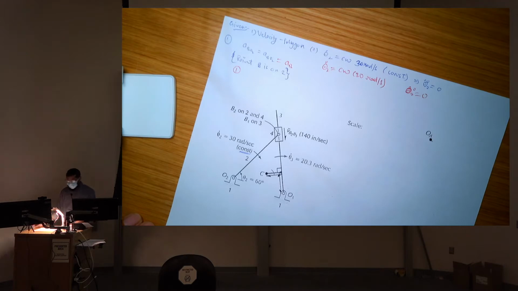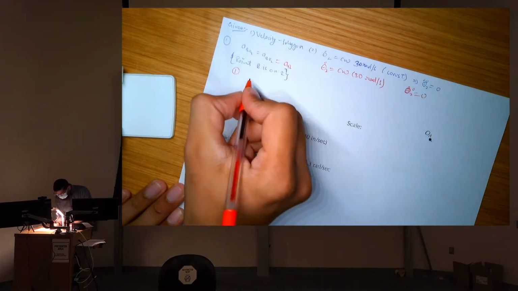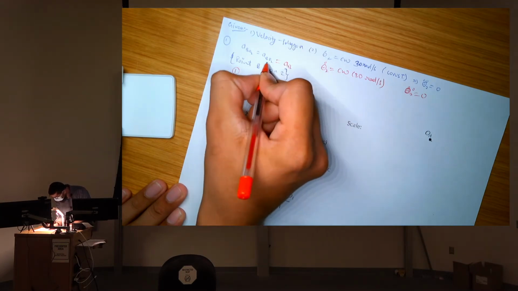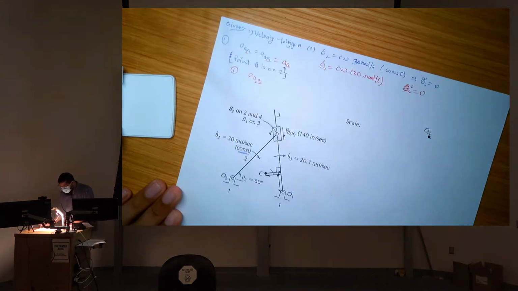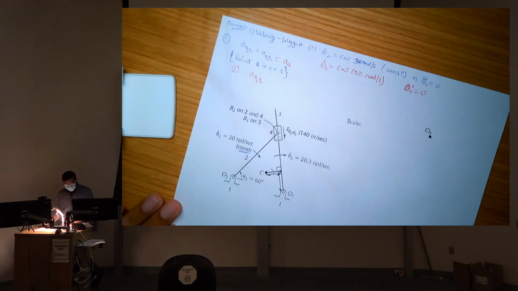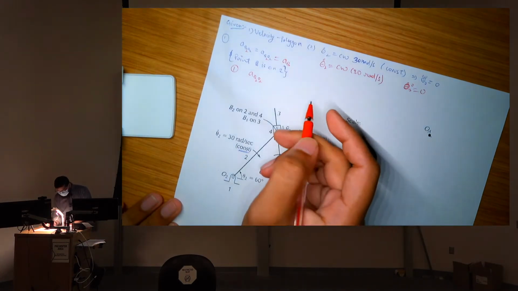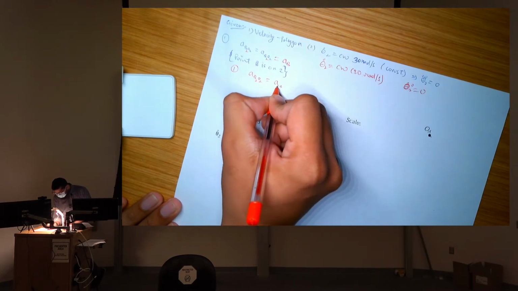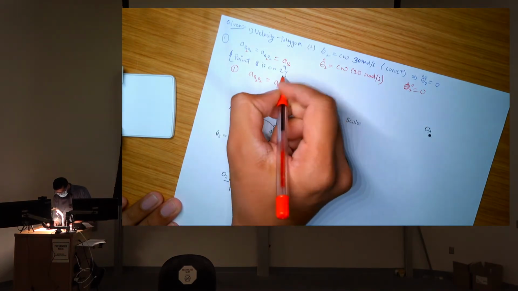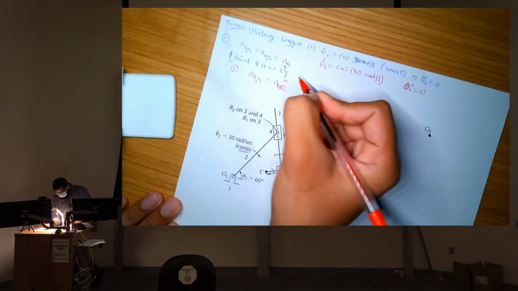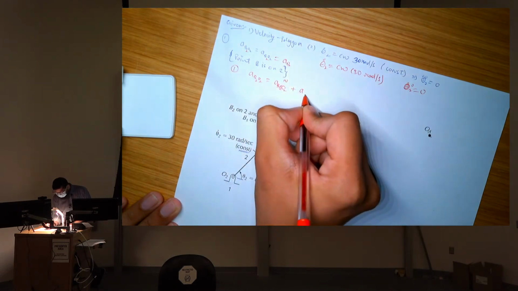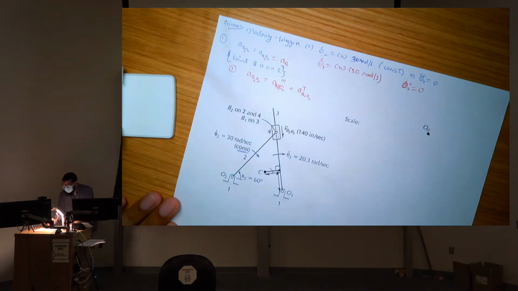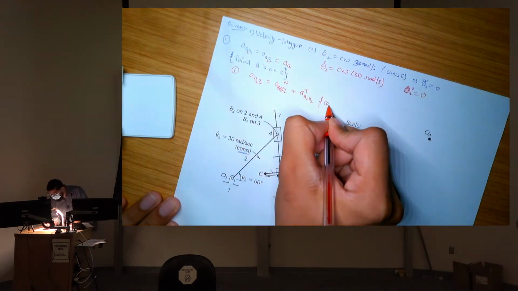In that case, the acceleration equation would be AB2O2, so B2O2 means B is on link 2, equals the normal component as well as the tangential component. Okay, so this is your case 1.